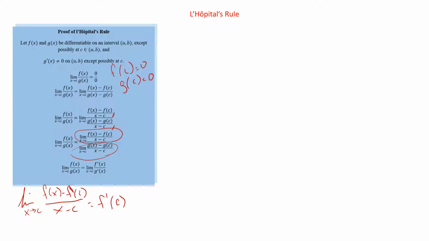But again, very, very important here, they do have to equal 0 so that those equal 0. If the limit does not equal 0 over 0, this doesn't work. It could also equal infinity over infinity. The proof is slightly different, but still basically the same. And so that's why L'Hopital's rule works.